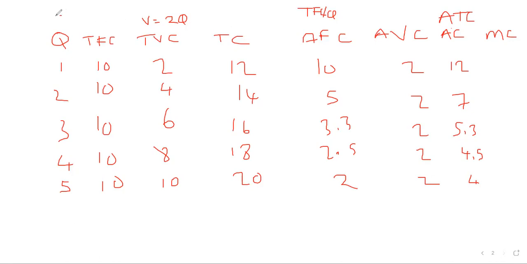So we can call this column 1, column 2, column 3, column 4, column 5, column 6, column 7, column 8. So how are we finding column 7? It's simply column 4 over column 1.